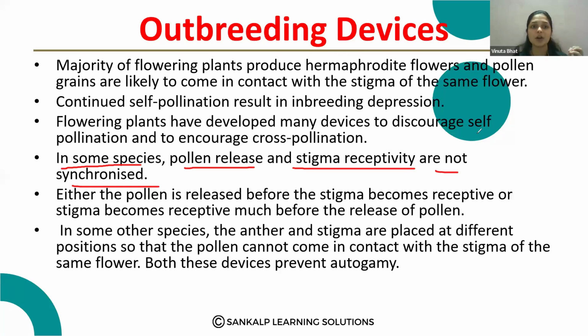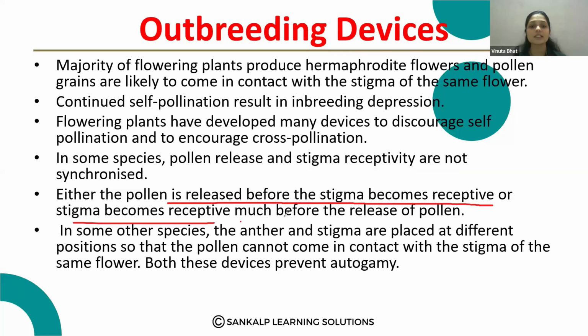When the pollen grains transfer to another flower, then it will get pollinated. This is very important. Either the pollen is released before the stigma becomes receptive, or the stigma becomes receptive much before the release of the pollen. In that way they achieve cross pollination.